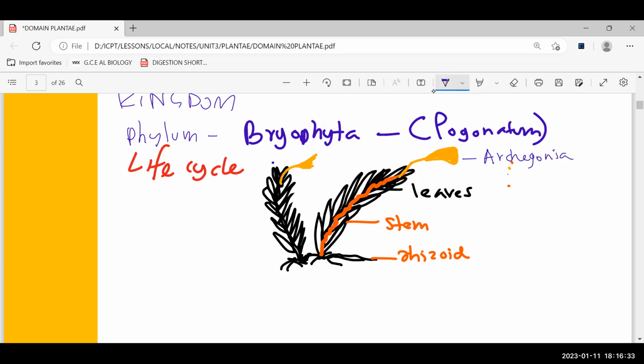Now, Archegonia is a female gamete producing structure. Antheridia is a male gamete producing structure. So we can see in Bryophyta two different structures. So we call this dioecious.